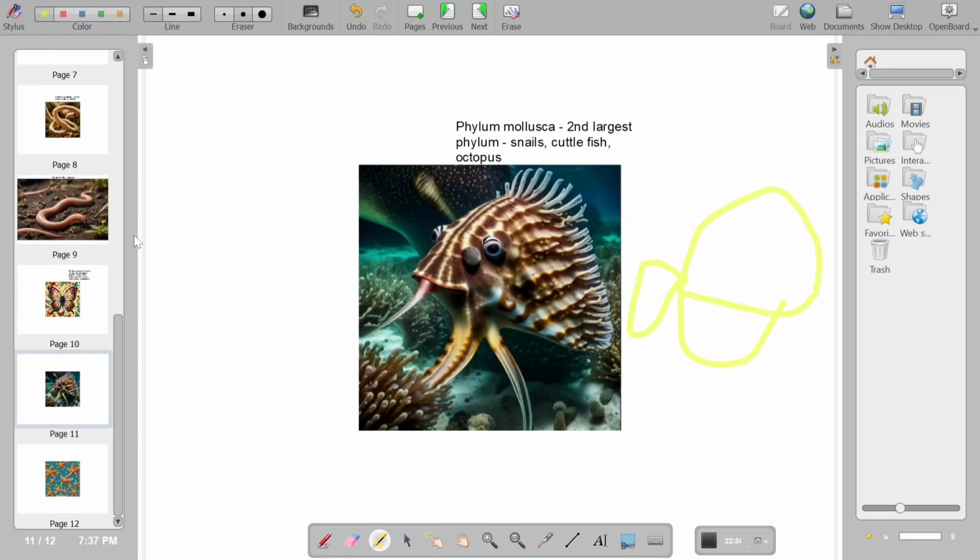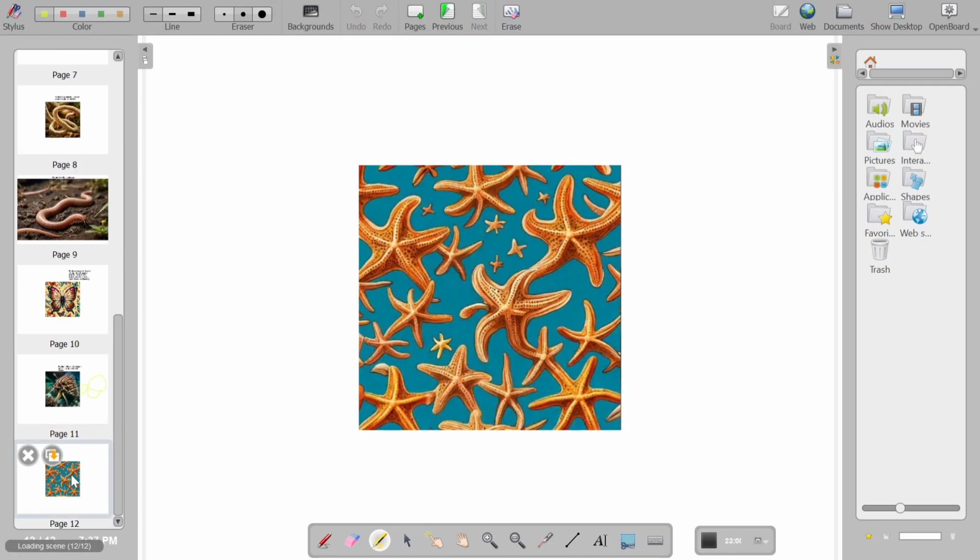Then the last category is phylum Echinodermata. In this category, these animals are exclusively marine and have spines and spicules over the body. The water vascular system is well present. For example, here I have represented starfish.